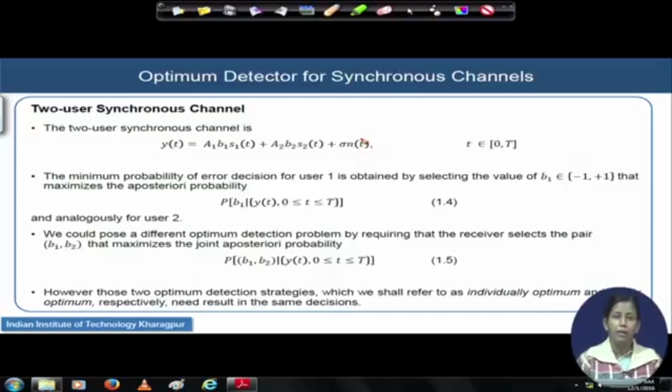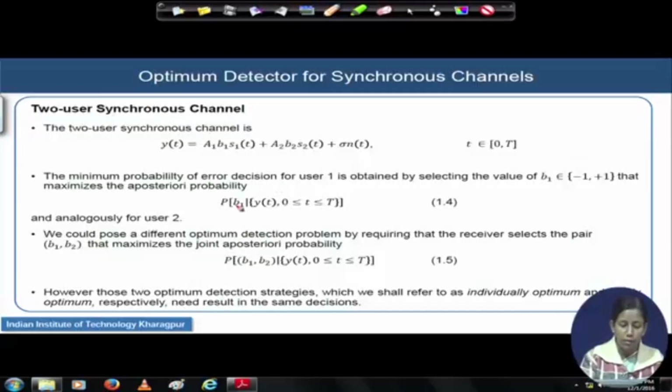So, the decision that corresponds to the minimum error probability for user 1 will be obtained by selecting the value of b1, which belongs to either -1 or +1, such that the a posteriori probability given by this expression is maximized, that is, the probability of b1 given that y(t) is received, with t varying between 0 and capital T. So, the value of b1 that maximizes this probability will be the minimum probability of error decision.